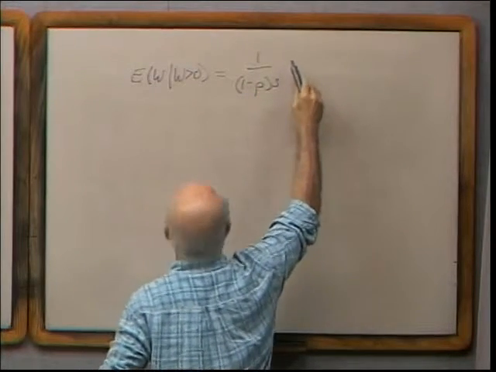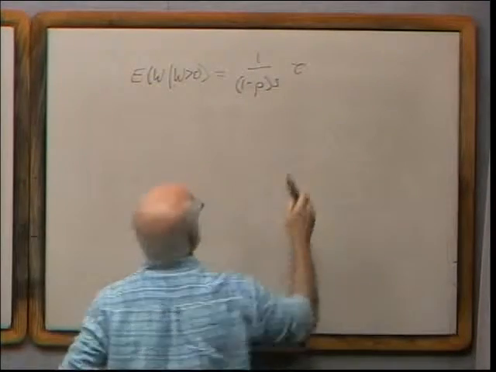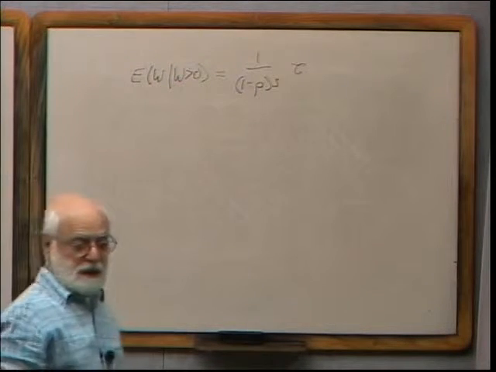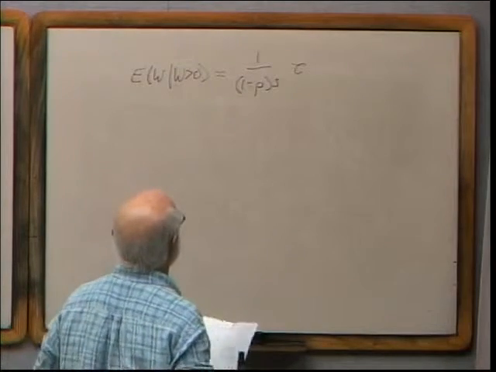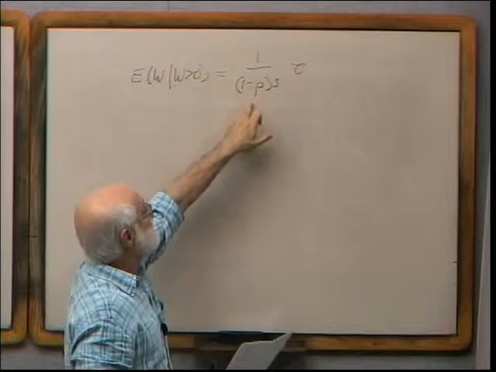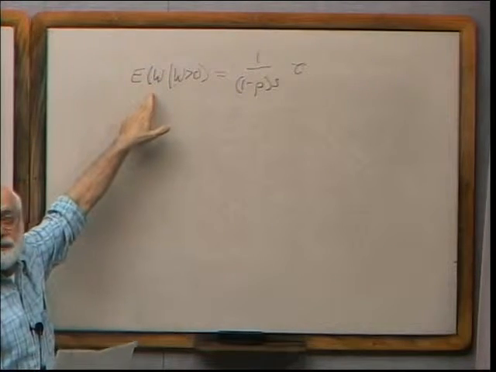And 1 over mu, of course, is tau. So I can bring the tau up there in the numerator and write it like that. So this is a very nice, simple formula. It has some characteristic properties. One of them is that as the utilization goes to 1, the denominator goes to 0, and the average waiting time goes to infinity, which, of course, is just what you would expect.